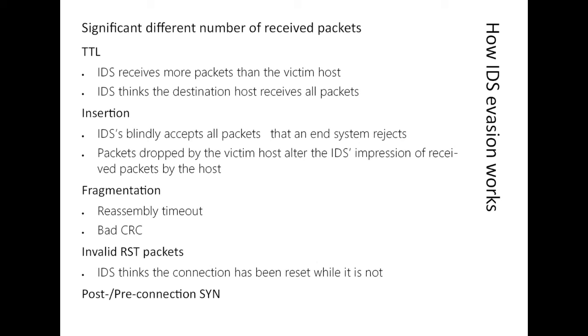The intrusion detection system interprets different data after reassembly compared with the victim host. An attacker can exploit conditions where an end system rejects packets, while the IDS does not reject them. The attacker literally injects packets into the intrusion detection system, while no other devices on the network accept the packets.